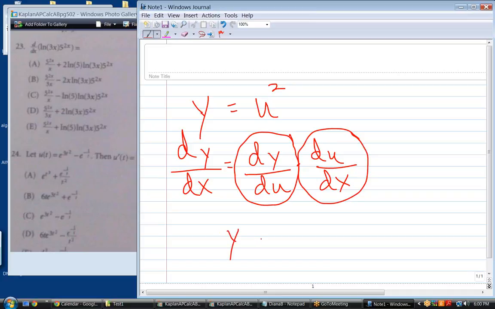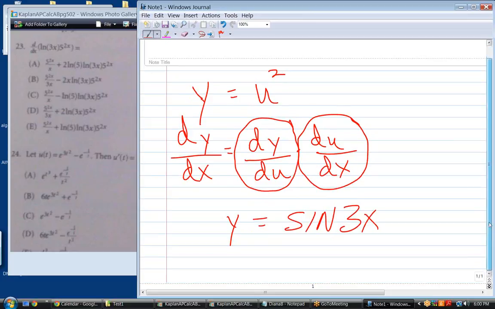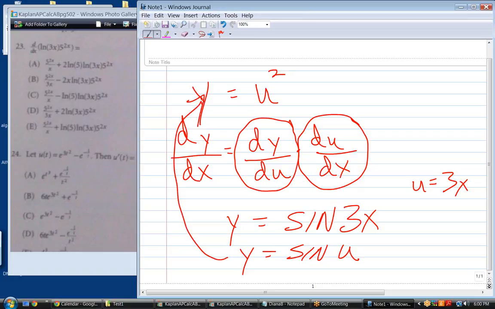So if I had y equals sine of 3x, this is actually a composite function, I would let u equal 3x. So now I have y equals the sine of u. Y is a function of u now.